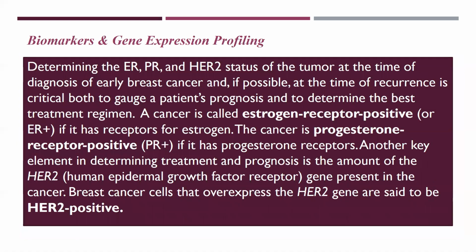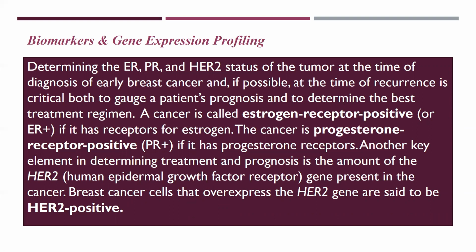Now if we talk about biomarkers and gene expression profiling, determining the ER, PR, and HER2 status of the tumor at the time of diagnosis of early breast cancer, and, if possible, at the time of recurrence, is critical both to gauge a patient's prognosis and to determine the best treatment regime.